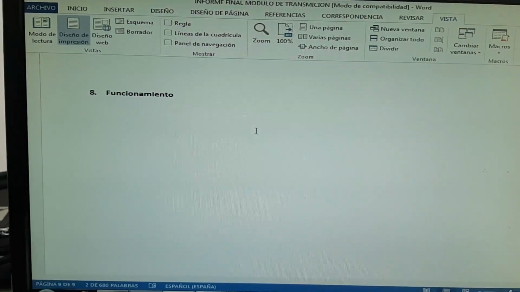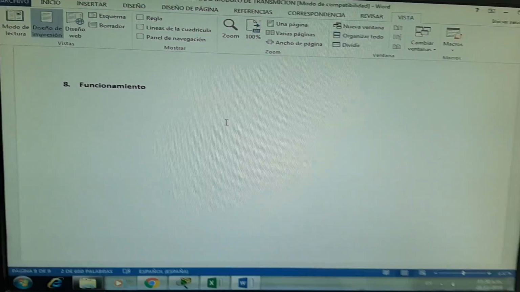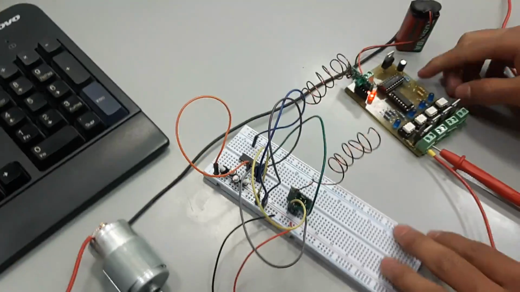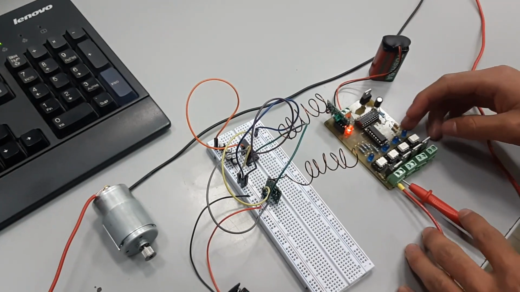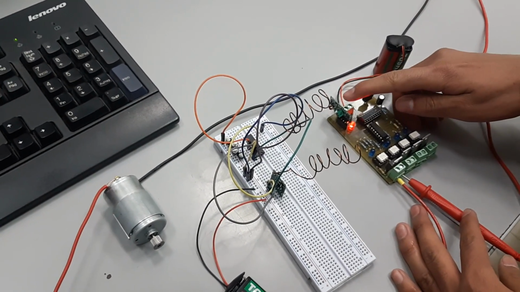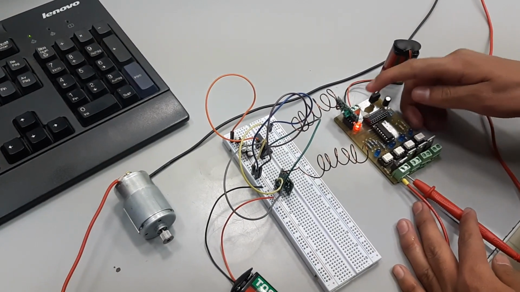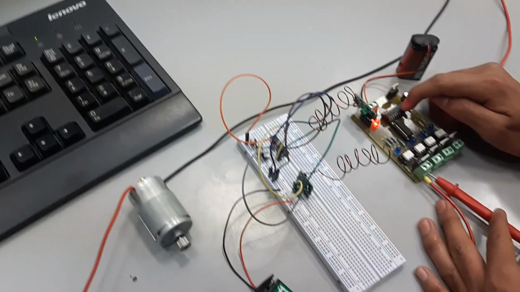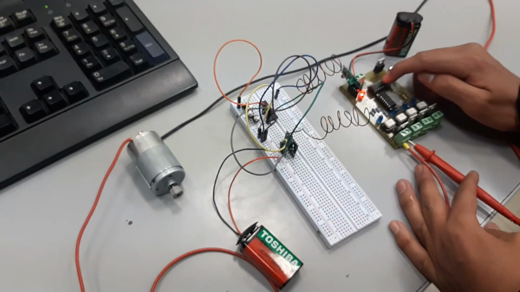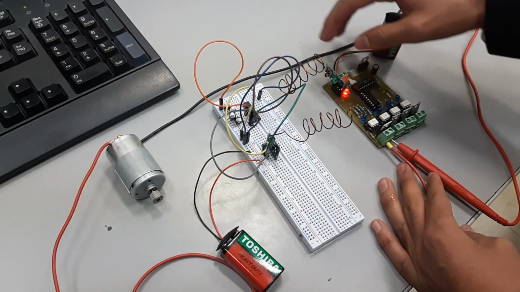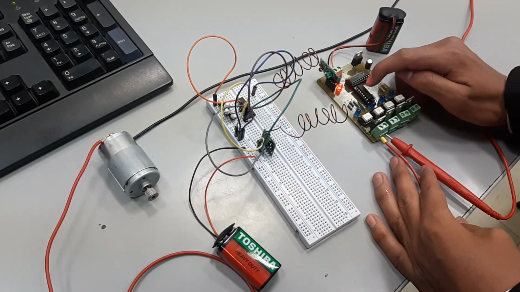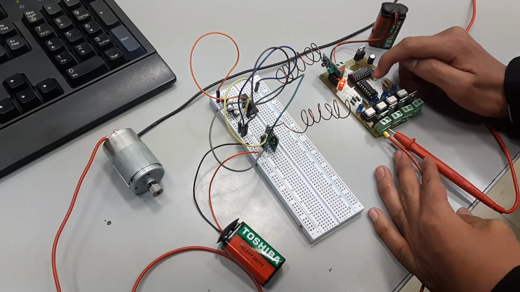Now we see the function of the project. First, in the project we have the receptor of RF. We have an encoder. We have the decoder. We have a gate, it's a NOT gate.